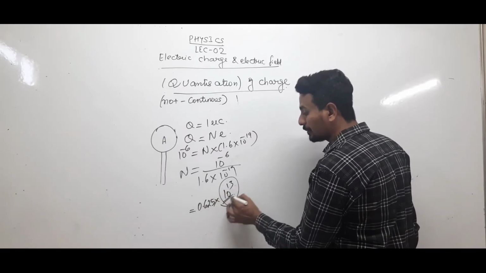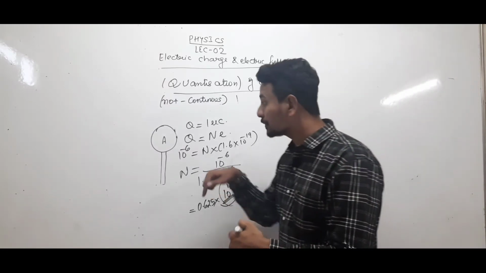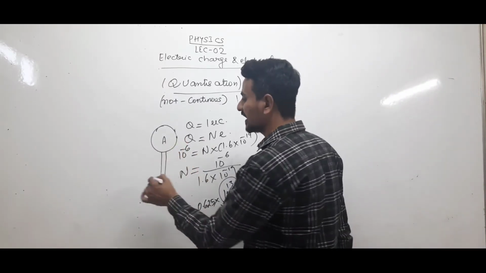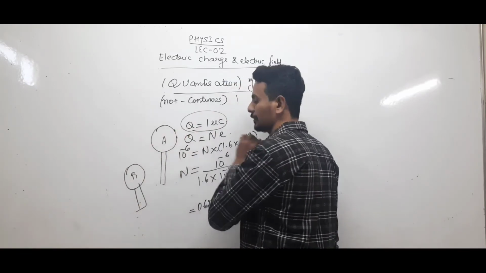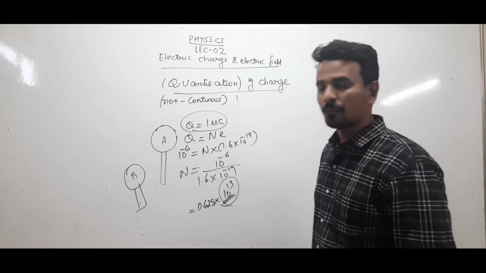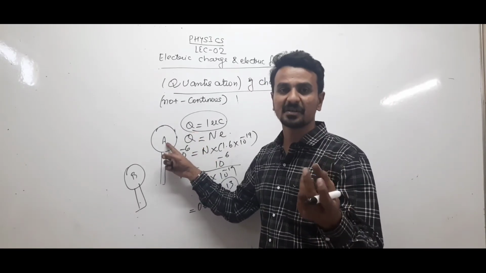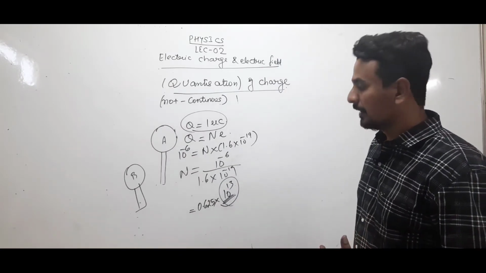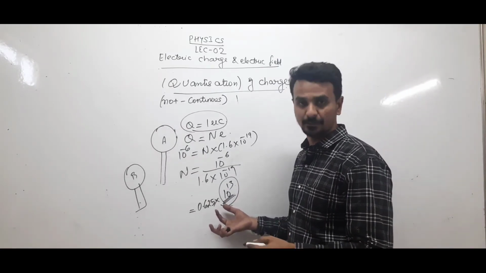So this many electrons are to be transferred or removed from this body to any other body in order to establish a charge of just 1 microcoulomb. This many electrons are to be removed, which are very large in number, right?